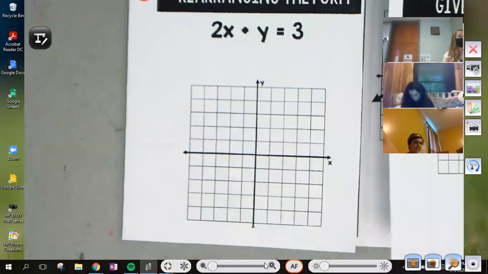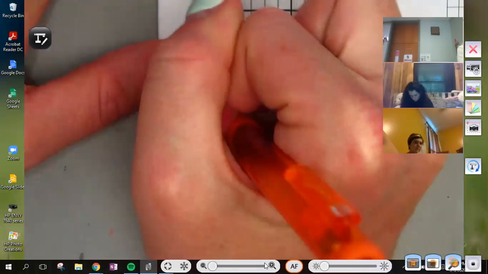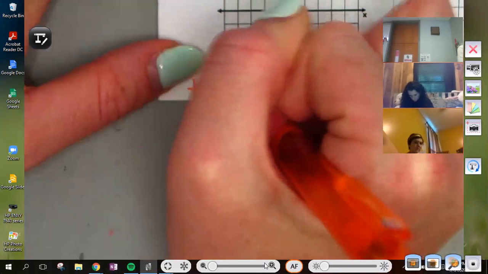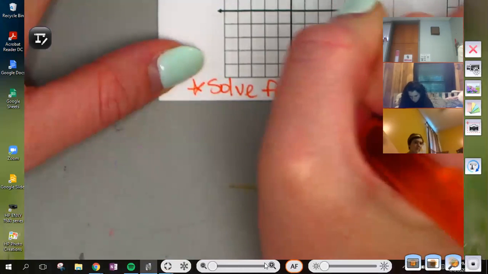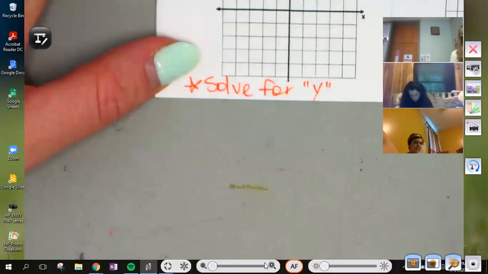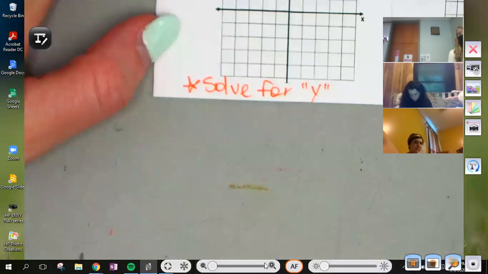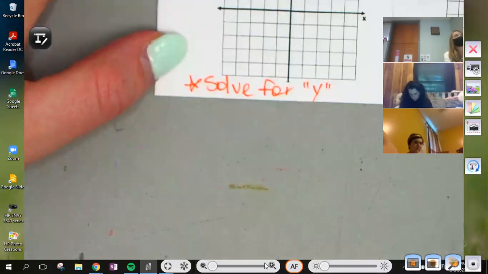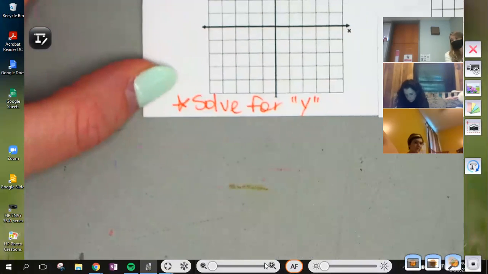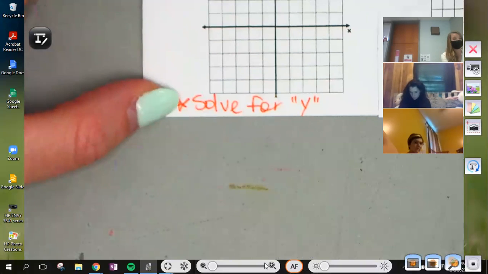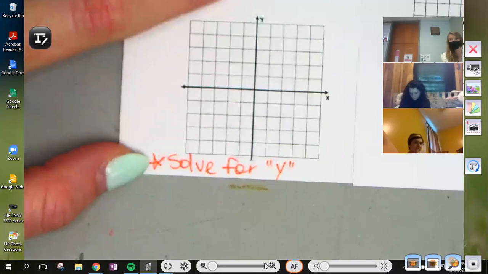No. So what you're going to have to do, which I don't have a lot of room down here, we have to solve the equation for y. I wrote it below my graph because we're about to use this tiny little area above the graph.